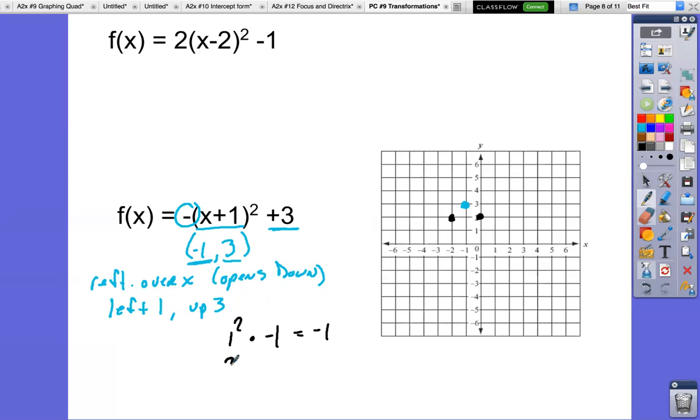If I go over 2, how many vertical steps do I take?